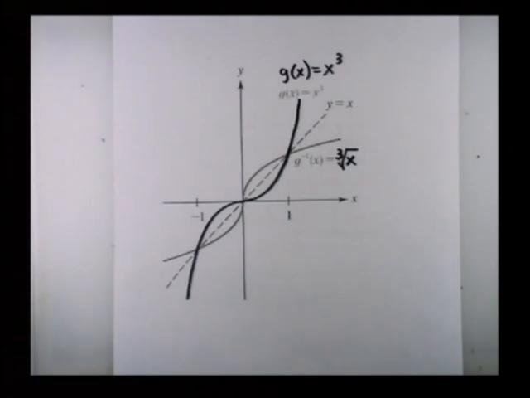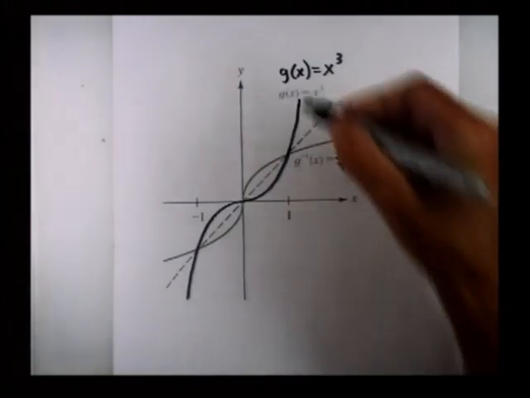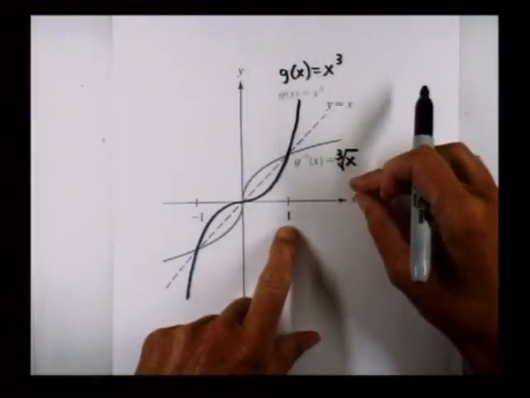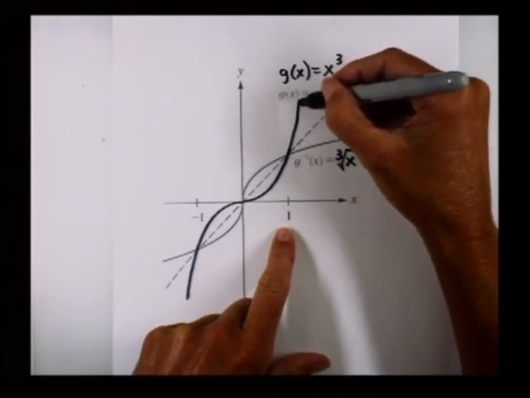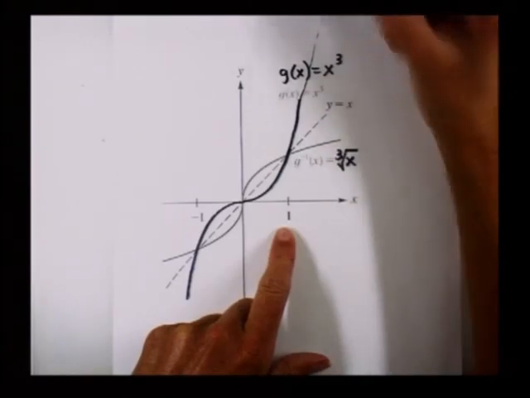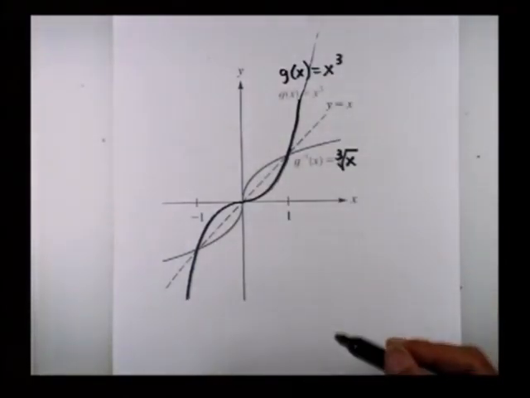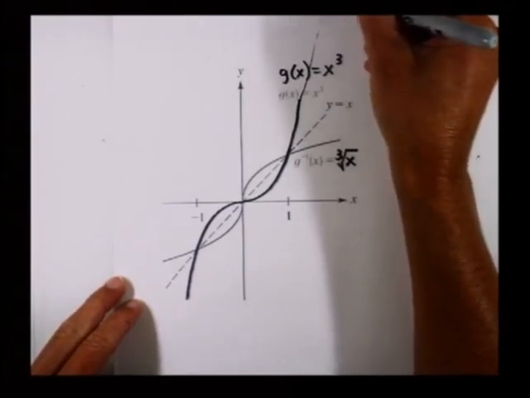So, for example, you can't really see this very well on this one. If I were to come clear out here to 2, if this continues to grow, 2 cubed would be 8. This point way up here is located at 2, 8.